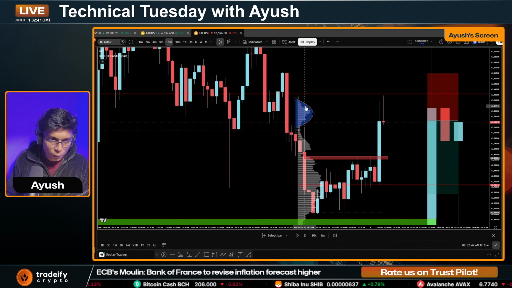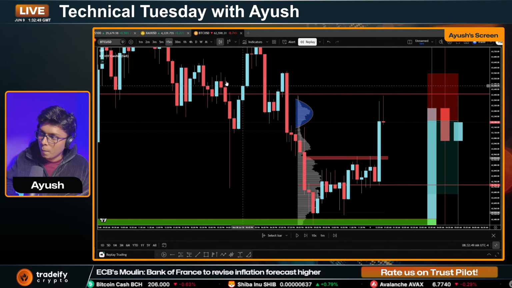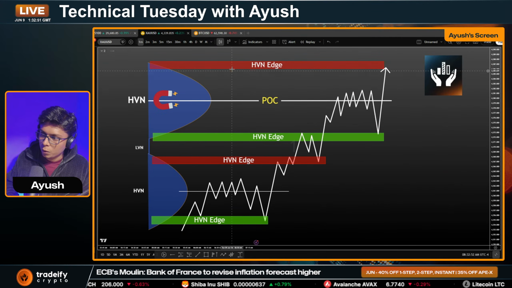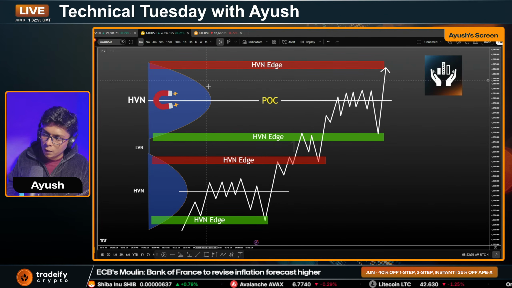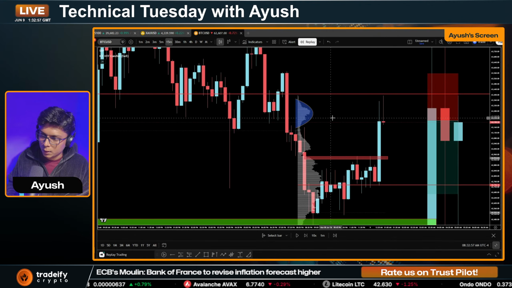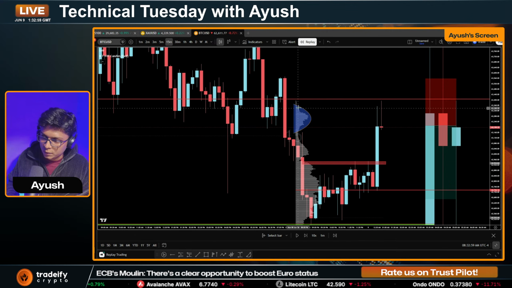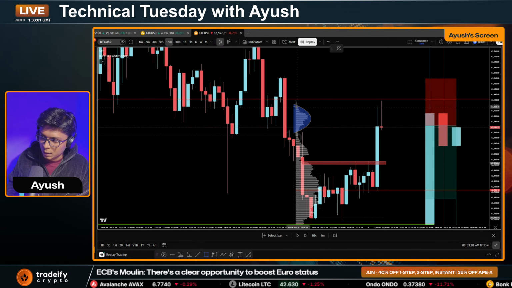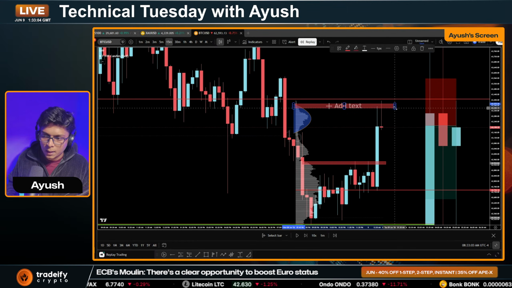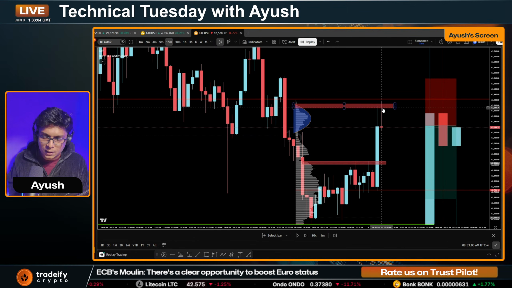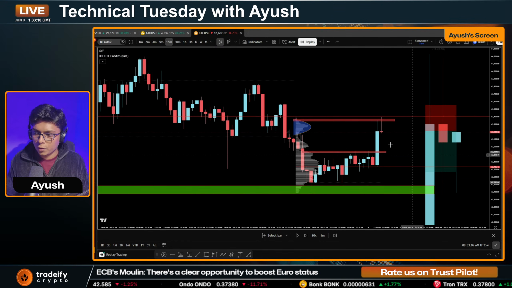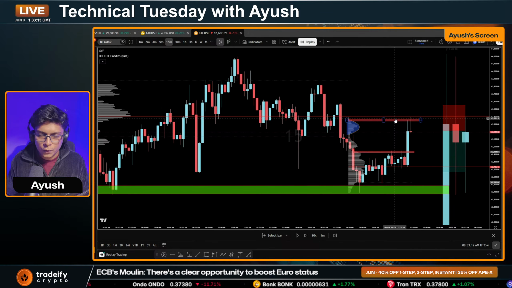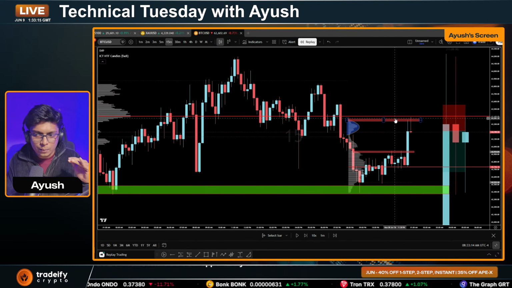And so what we are going to do is copy paste exactly what we have in this diagram. So we use the edge of this high volume node as supply zone and demand. So we have this area which we are going to use as supply zone because price is failing, assuming that at this point of control and also at this high we have passive sell limit orders.